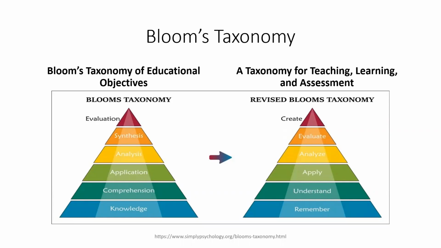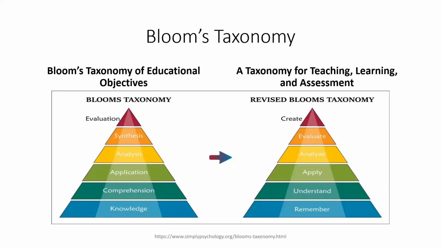In ascending order of complexity in the pyramid on the right, the revised taxonomy, we have remember, where we can recall the facts and basic concepts. Understand, this is where we can explain ideas and concepts. Apply, where they can use the learned information in new situations.